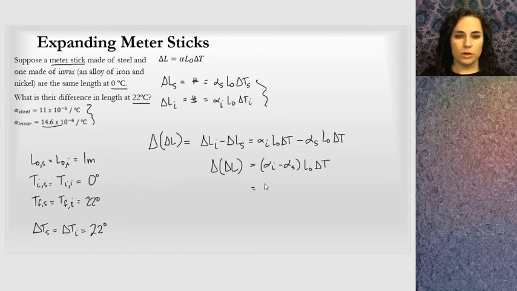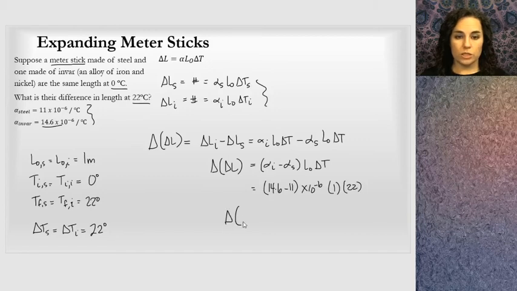Okay, so I'm going to take 14.6 minus 11 times 10 to the negative 6. They're both to 10 to the negative 6, so I'm going to take 14.6 minus 11 and then still have 10 to the negative 6th here. L naught is 1. Delta T is 22. We have 3.6 times 10 to the negative 6 times 22.